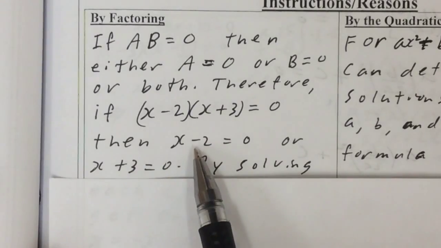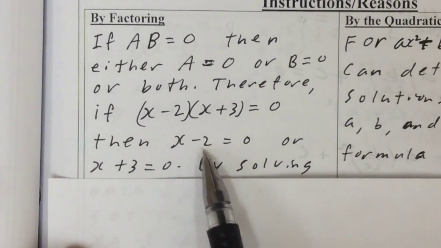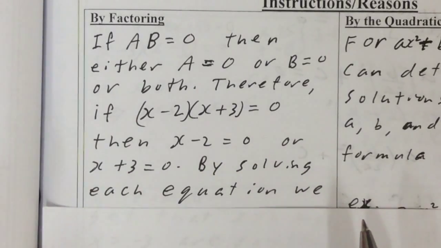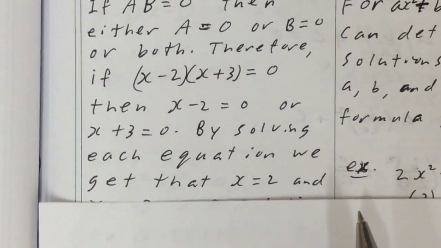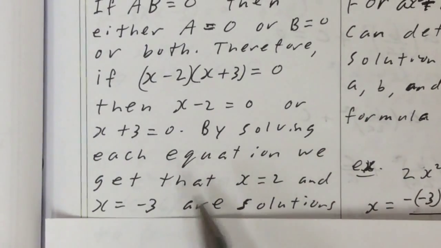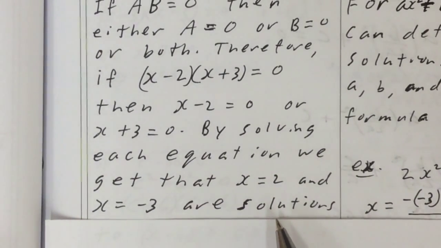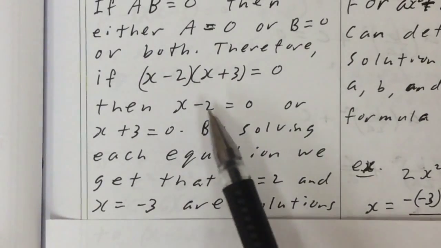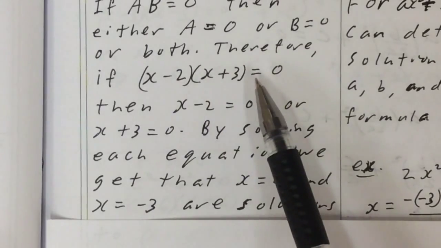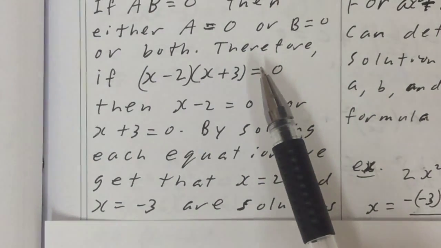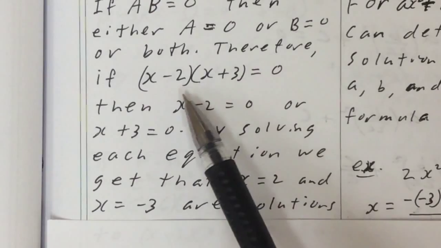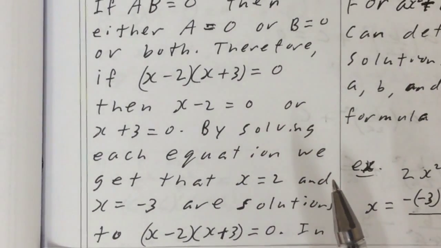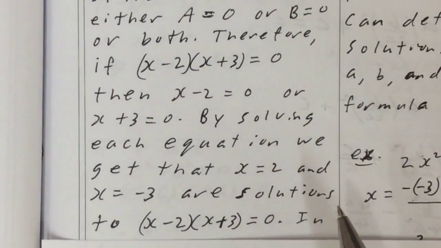Now you can solve these two very easily, by adding 2 to both sides and subtracting 3 from both sides. By solving those two equations, you get x equal to 2 and x equal to negative 3 as solutions. So x equal to 2 and x equal to negative 3 are the two values that make this true. There are no other values that make that true. So they're the solutions to that equation.